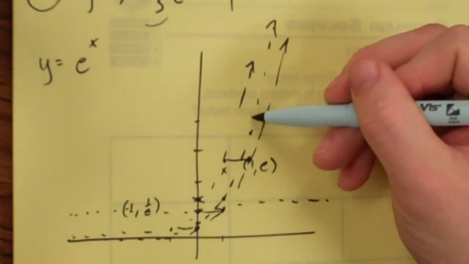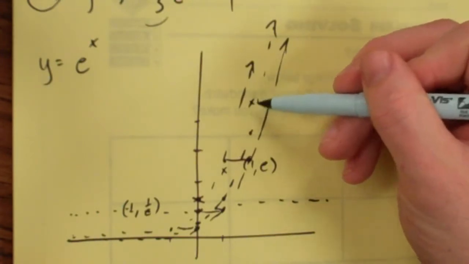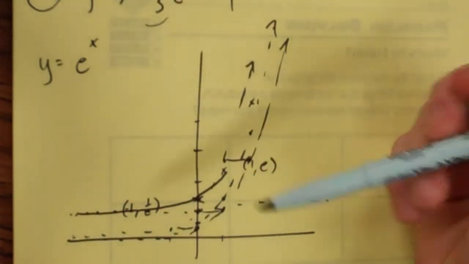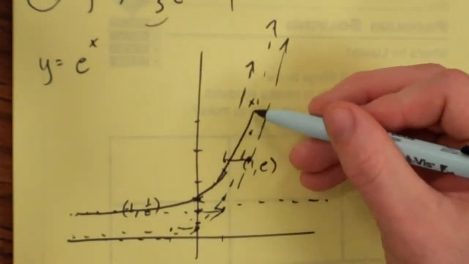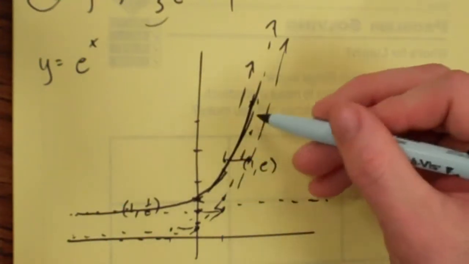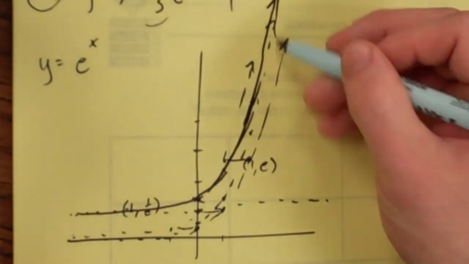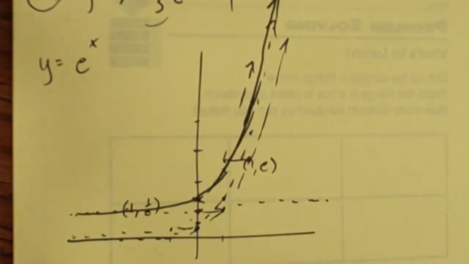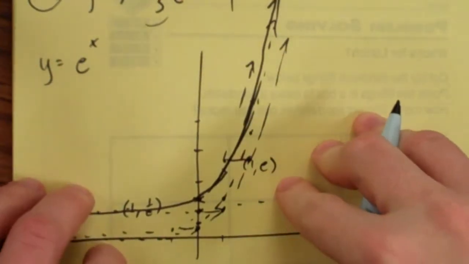This guy right here is going to move up 1 to about right there. So the final version like that. Okay, just a few graphing examples there.